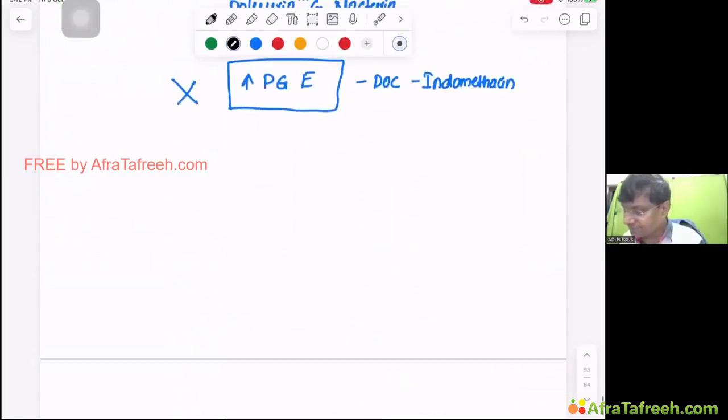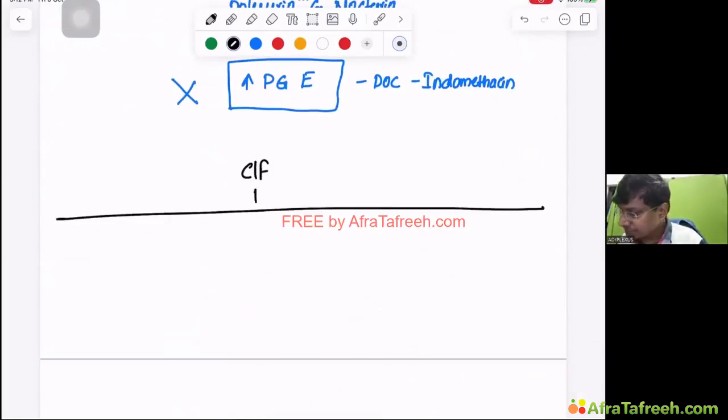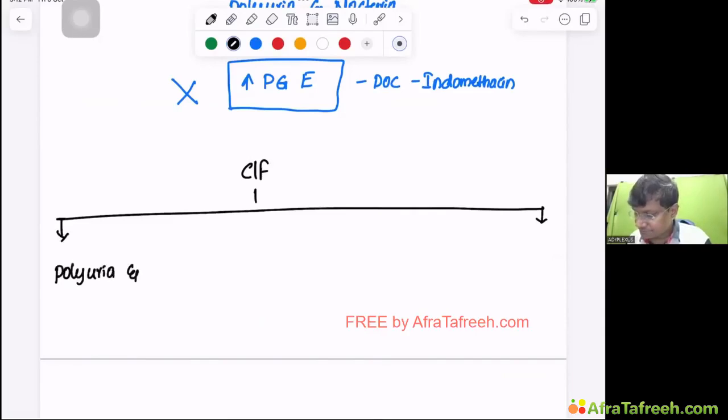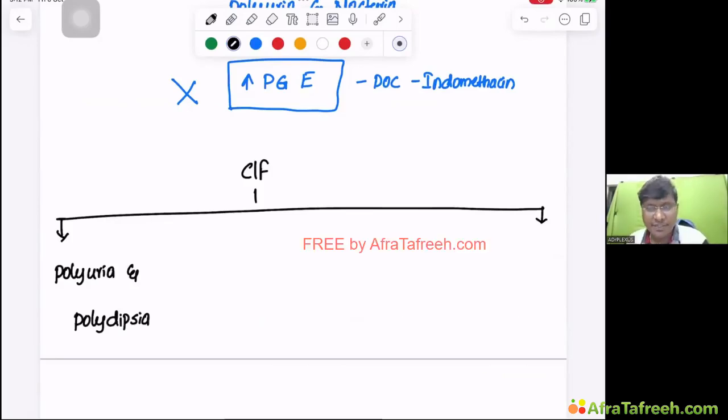The clinical features: these patients will have polyuria and polydipsia. Right? Multiple reasons. One is your sodium potassium 2 chloride channel is defective. And even though aldosterone is released in excess quantity, because of hypokalemia, again there is polyuria.